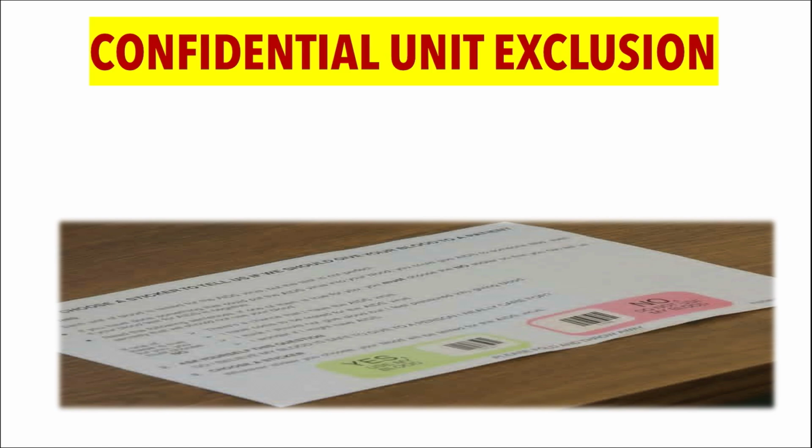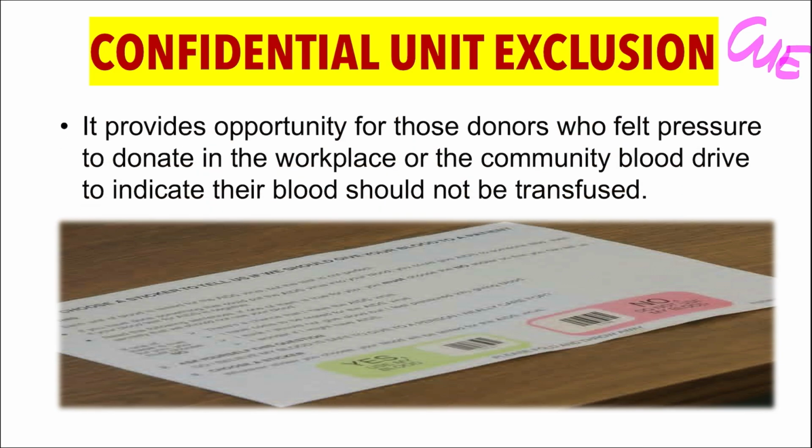Okay, another one. How about the CUE? What is a CUE? Confidential unit exclusion. This provides an opportunity for donors who felt pressure to donate in the workplace or the community blood drive to indicate that their blood should not be transfused.